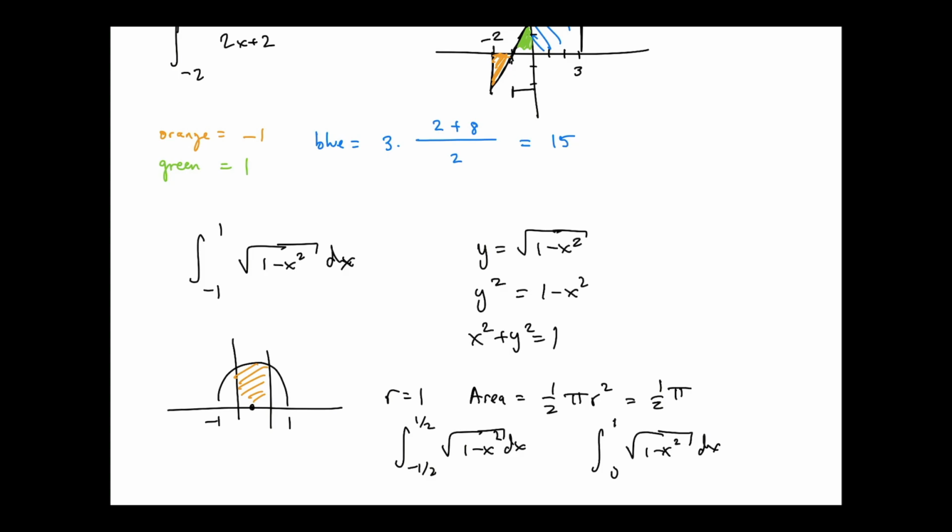Okay, so let's move on to some properties of integrals. These are generic properties that we're going to use a lot. Why do you think the following is the case? Yeah, it doesn't move.